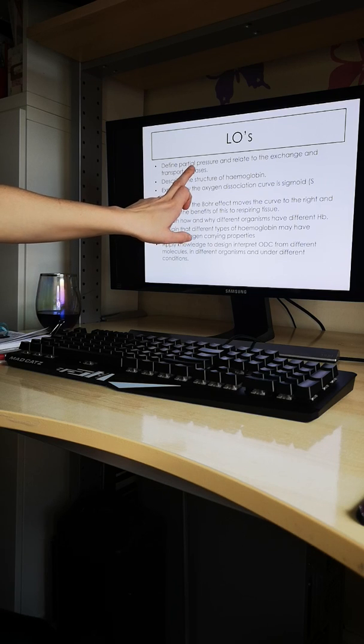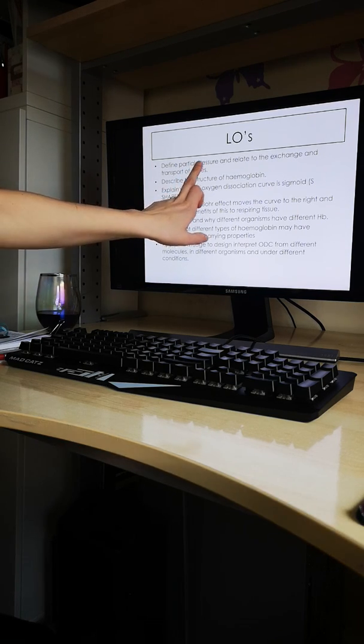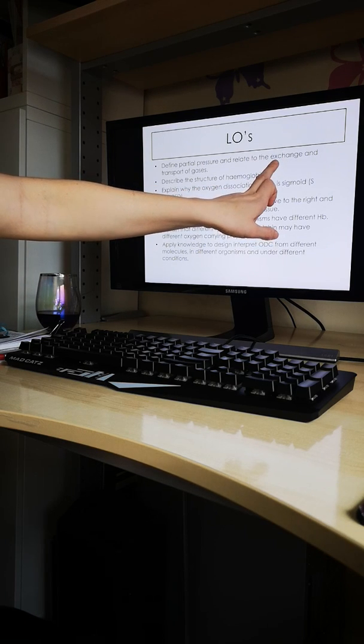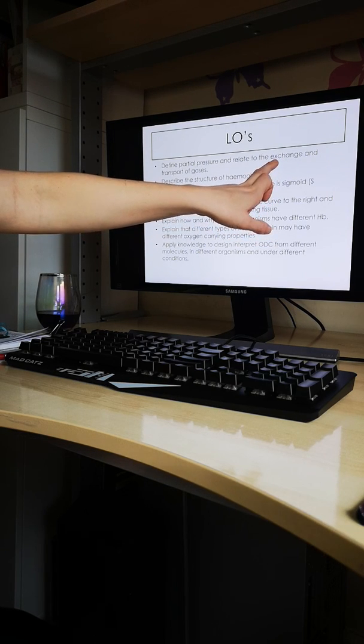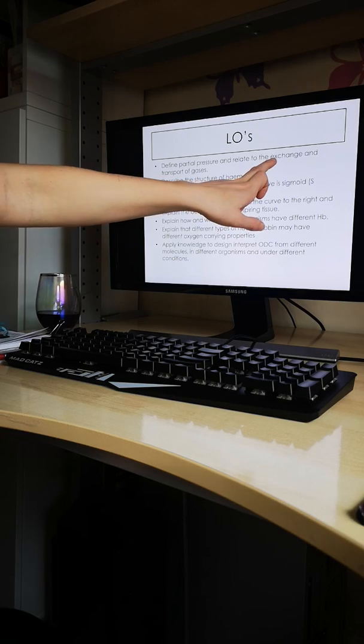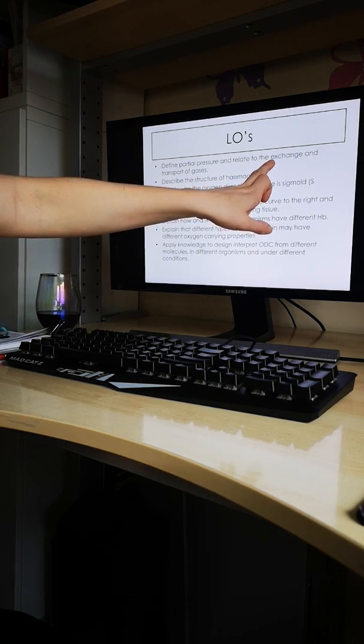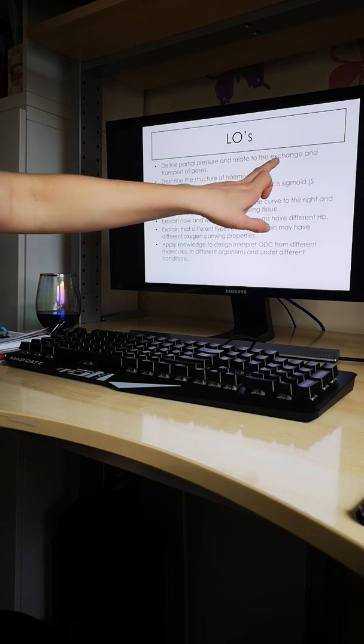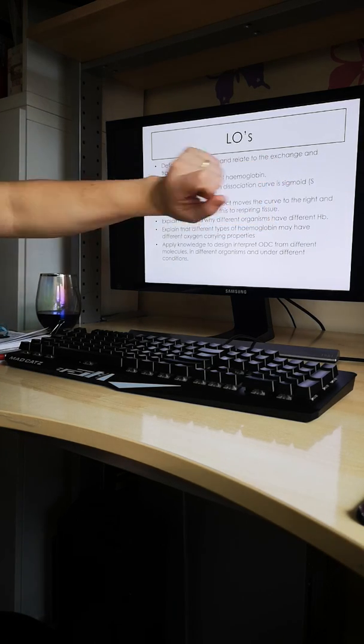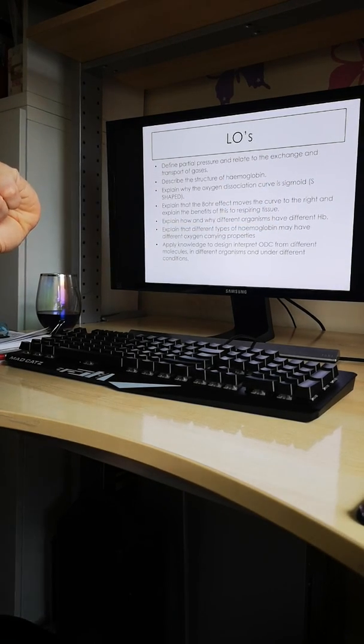We're thinking about the partial pressure of oxygen in this topic, and we know that where the site of gas exchange is, that's where it would be highest. So that's in the lungs for a human, the blood in the lungs, but also that it would be at its lowest where gases are being used at the respiring tissues.